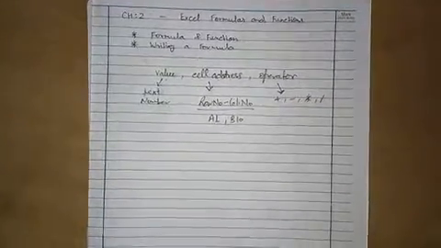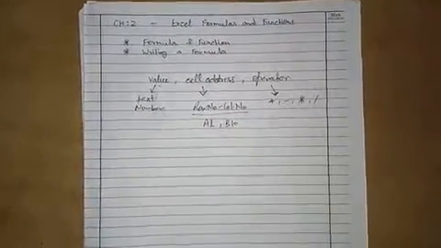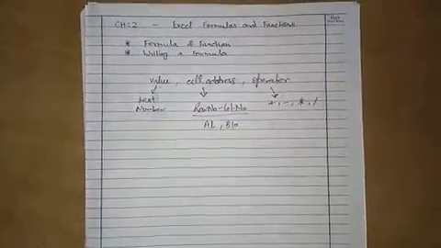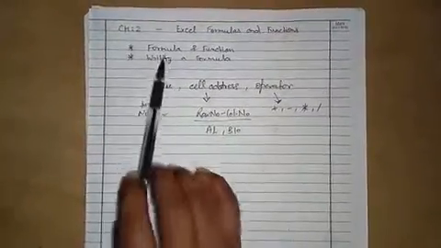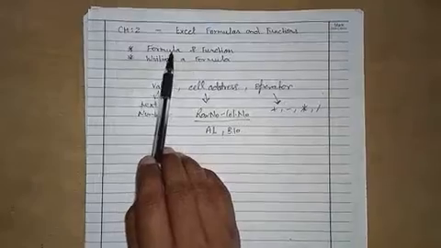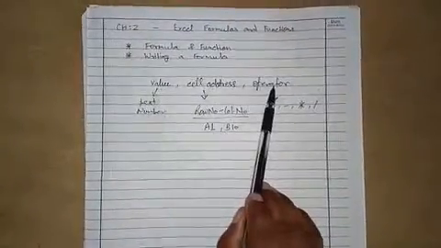I will tell you in our further video how many types of operators there are in Excel. So let's come to the point. If you want to make a formula, then there is need of value, cell address, and operator.